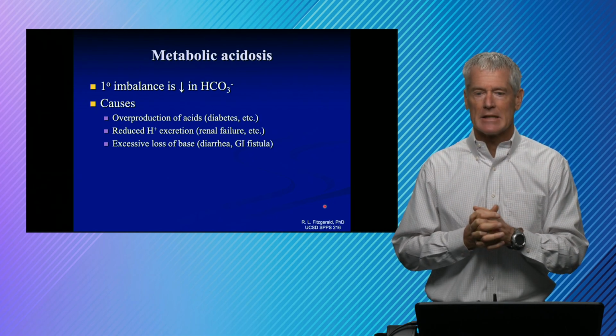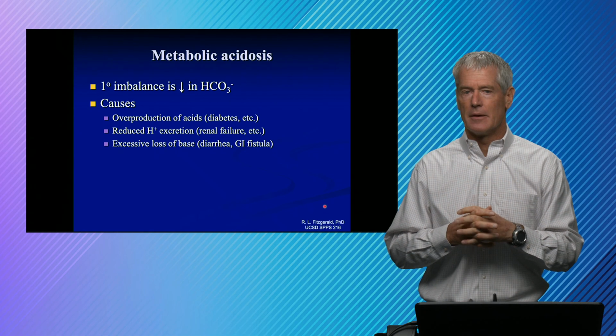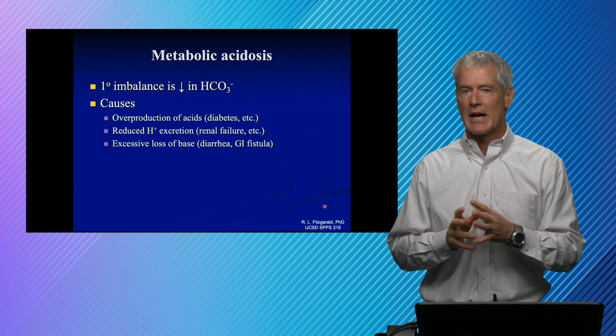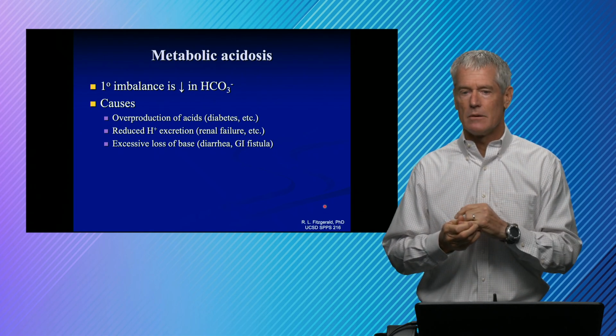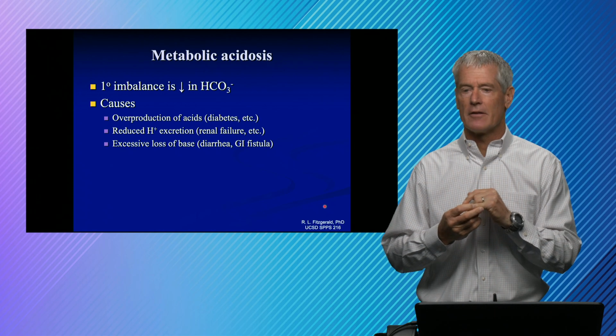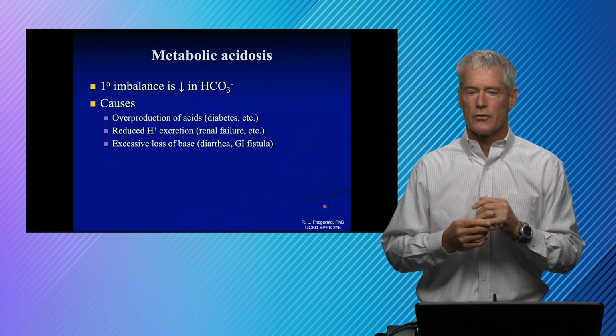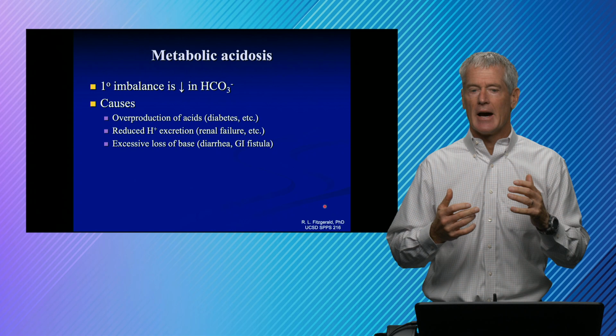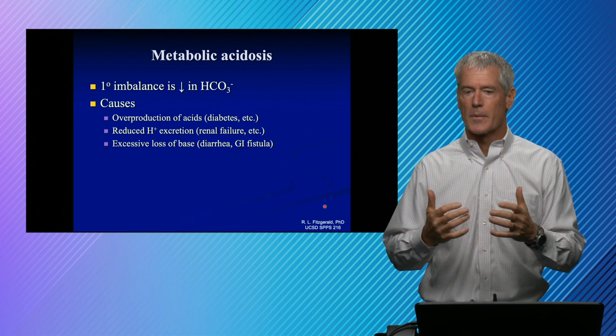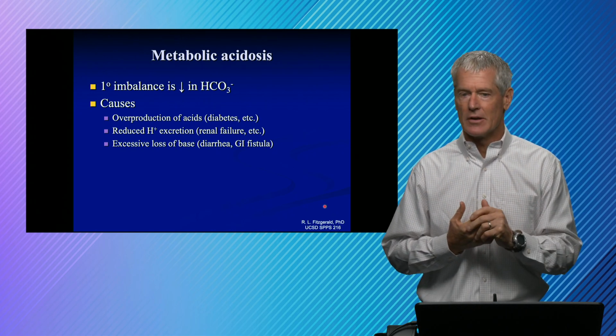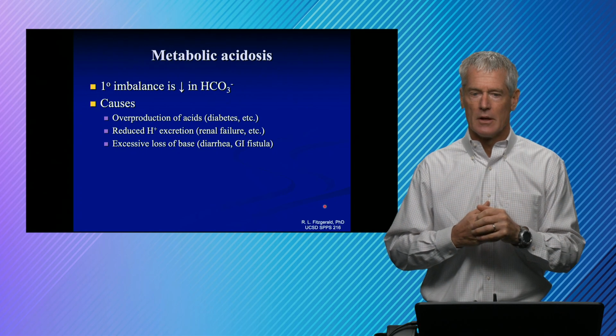A metabolic acidosis is acidotic, so your pH is going to be low, and you got there because you don't have enough bicarb. So causes would be a diabetic ketoacidosis, where you have overproduction of acids. That's a very good example of a metabolic acidosis.